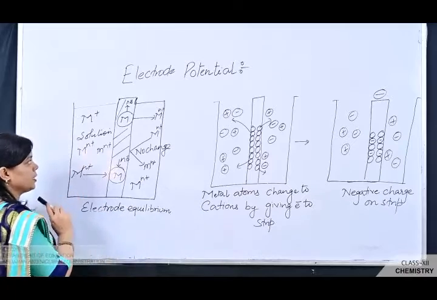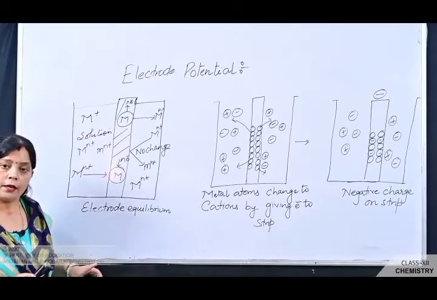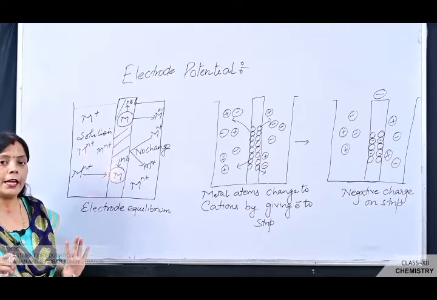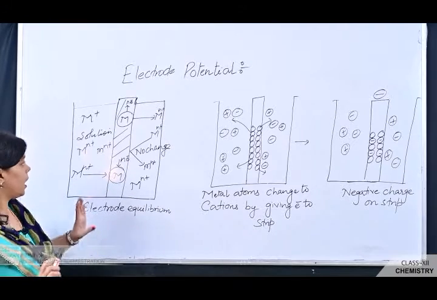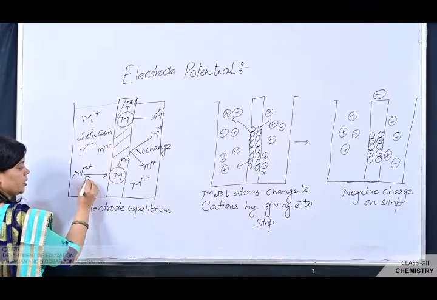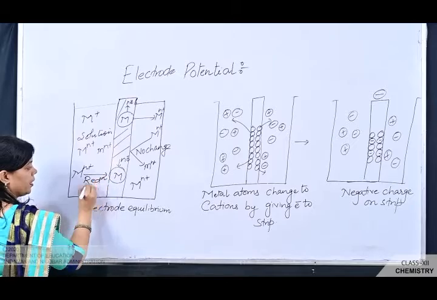The second is that the metal ion may collide with the strip and gain n electrons and get converted into the metal, that is, the ions are reduced. Here the reduction is taking place. This is the reduction reaction.